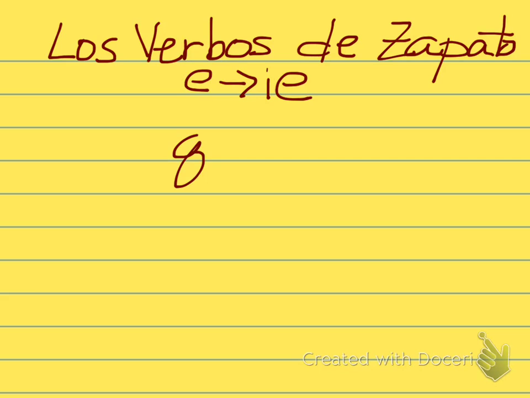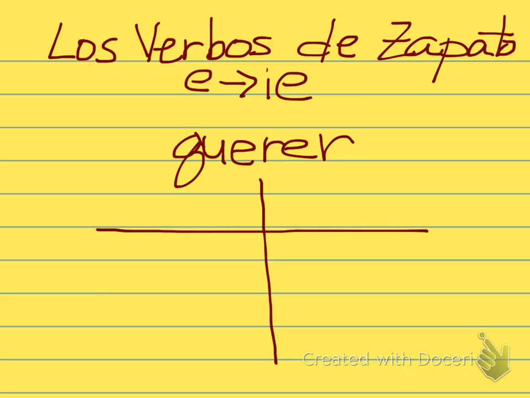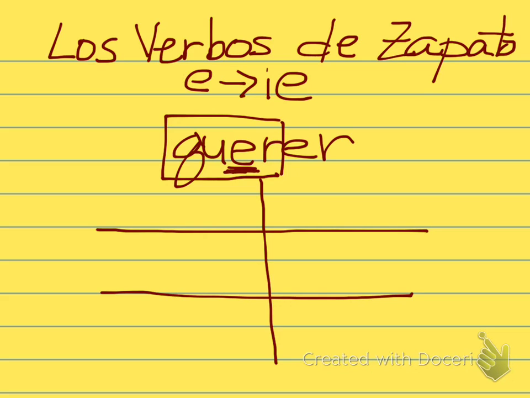Querer, the verb for to want. This part is what we call the stem, hence, stem changing verbs. So in this case, the E is going to change to an IE in all forms except nosotros and vosotros.